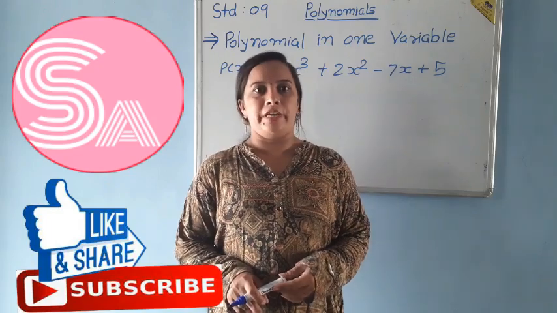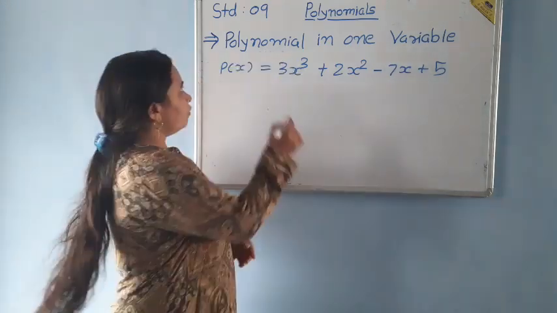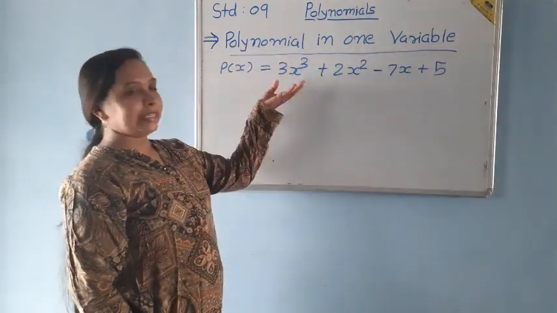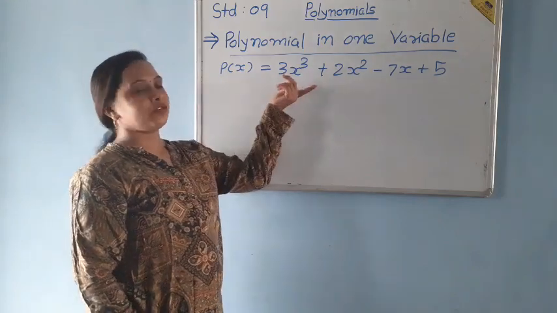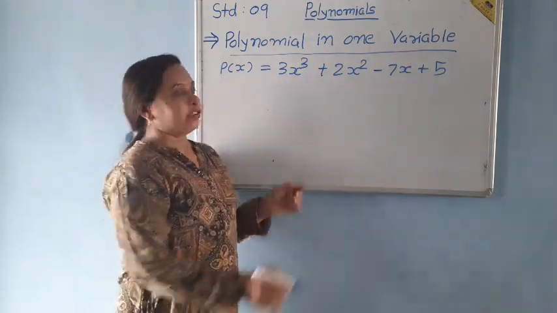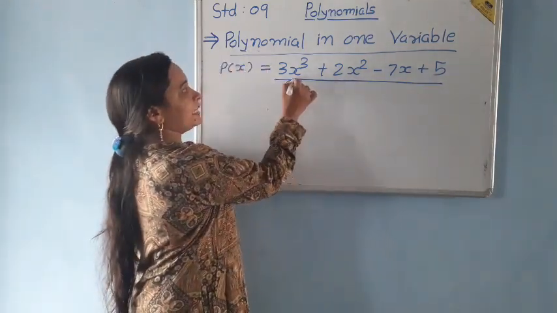The next term we have to know is a polynomial in one variable. What is the meaning of the polynomial in one variable? Look at the example. P of x equals 3x square plus 2x square minus 7x plus 5.